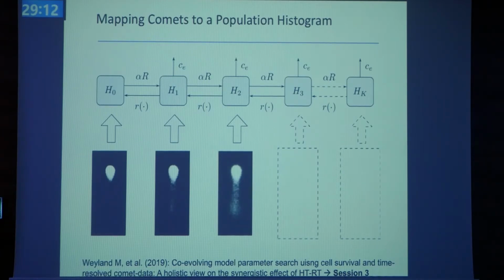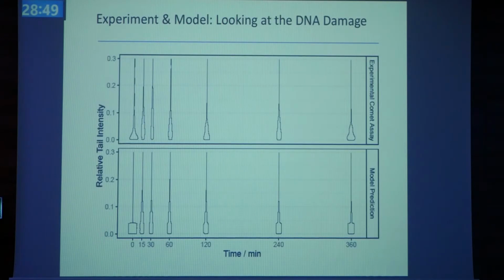We are assuming that a certain number of severe radiation-induced hits are related to a certain amount of DNA damage which can be observed in the comet. In principle, he took this comet and tried to map it onto the population, which then becomes a histogram bin. This allows us to produce histograms.